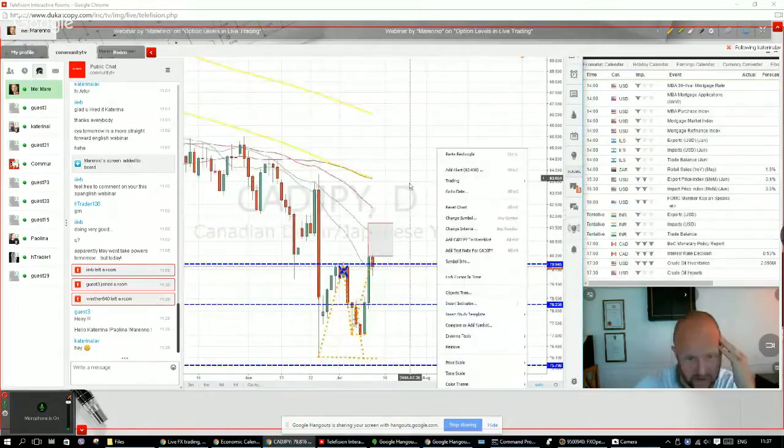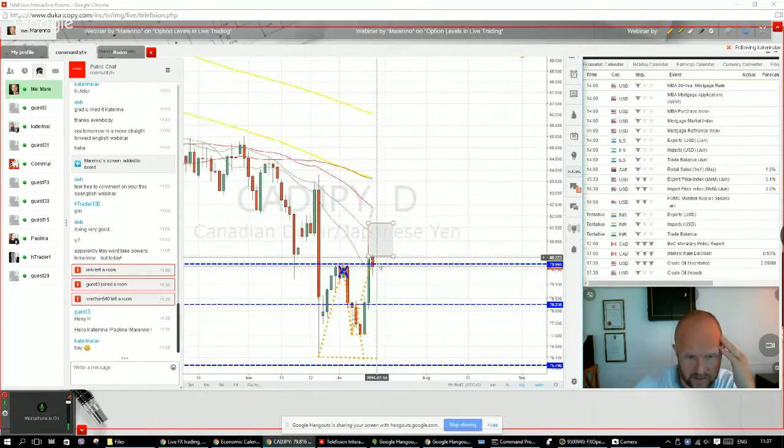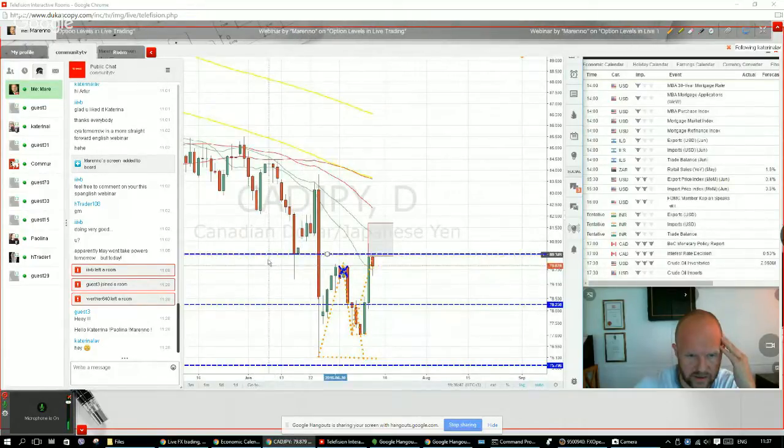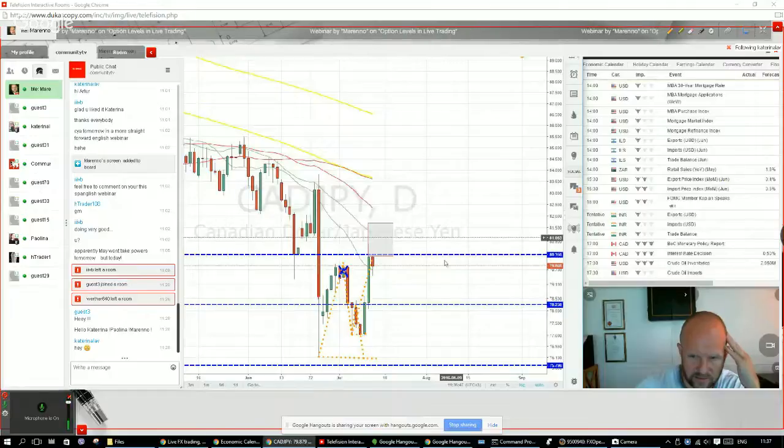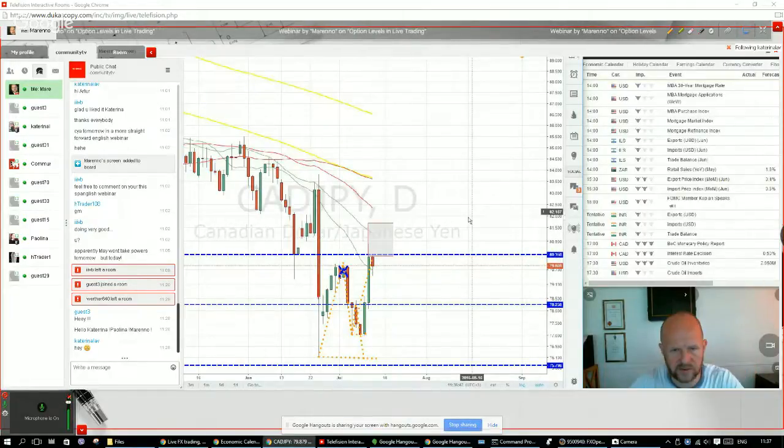Oh no, that can be left actually. So I'll move this line towards this open and closing price. Basically 80.386, I think 375 is a better price to use, or 35 even. Let me choose 35. 80.35 is a good level to sell.